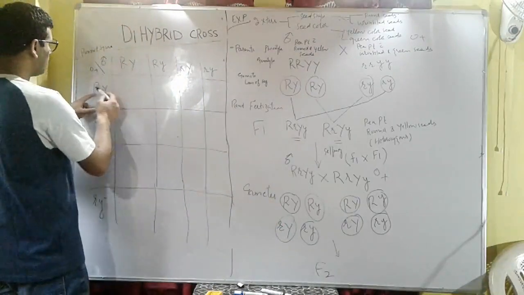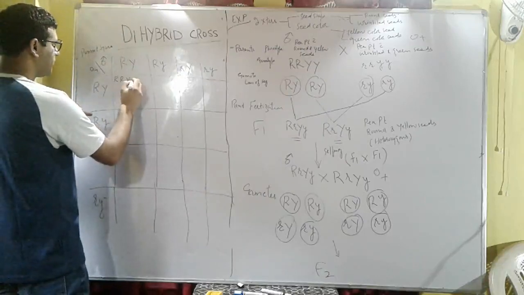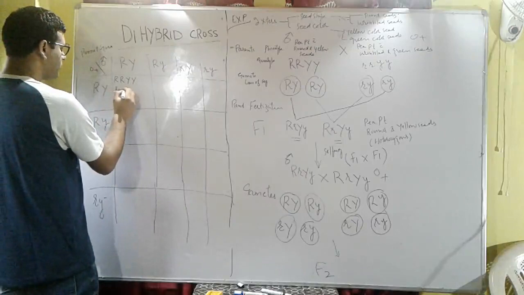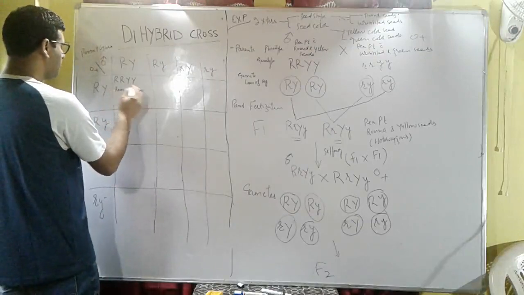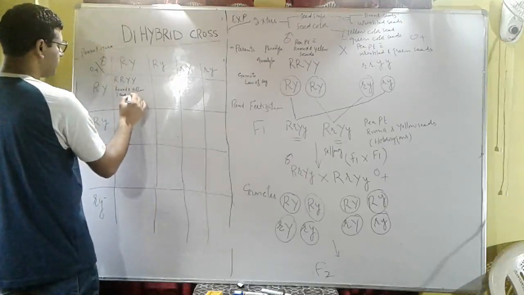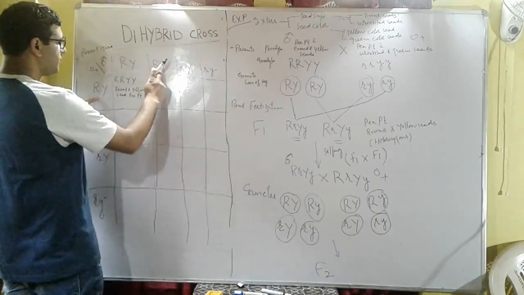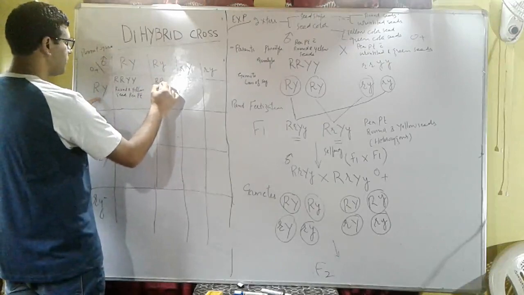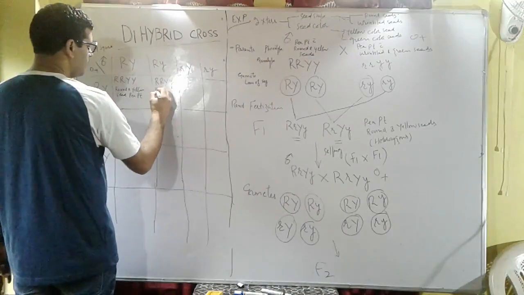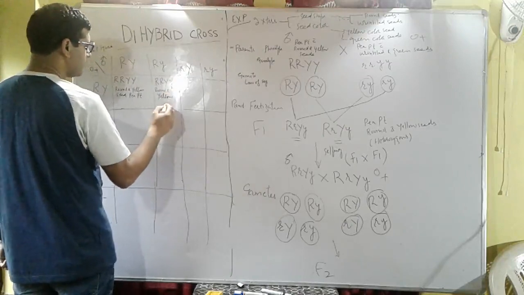So make a cross. We have capital R, capital R, capital Y, capital Y. This plant would be round and yellow seeded. Then a cross between this and this: capital R, capital R, capital Y, small y. This is a round and yellow seeded pea plant.